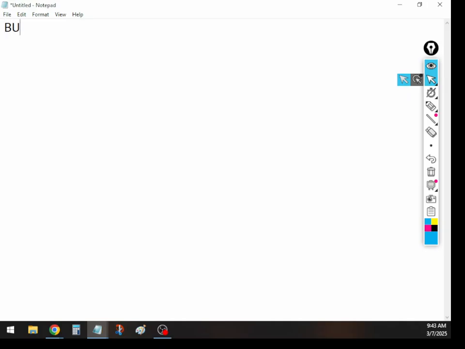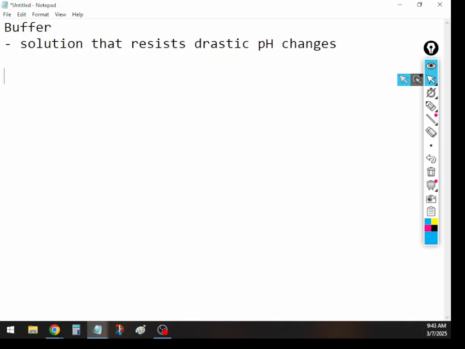So a buffer is basically a solution that resists drastic pH changes. Even if you add an acid or you add a base to it, the pH is not going to change really drastically.